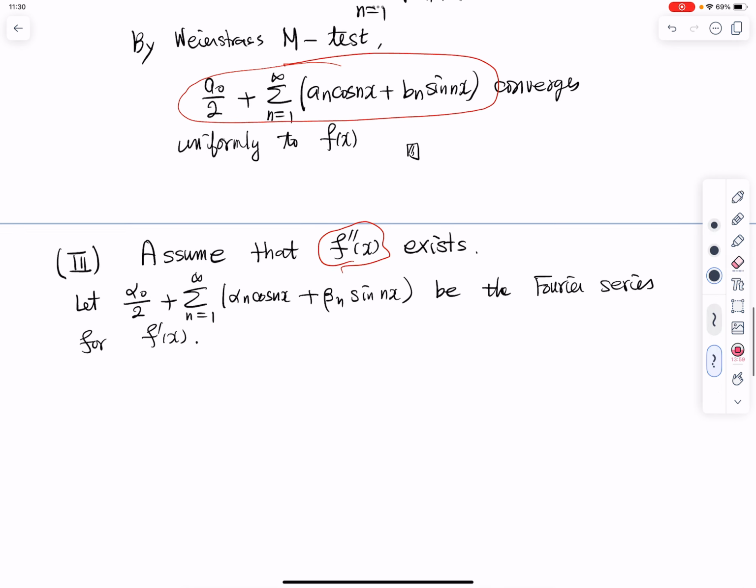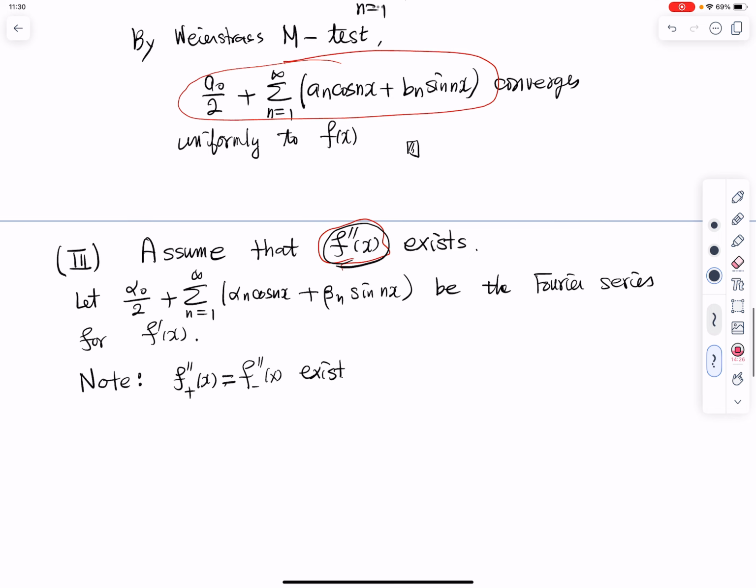Now just a note that I want you to remember: if f double prime exists, that implies f double prime positive x and f double prime negative x exist, right? They are the same and exist.